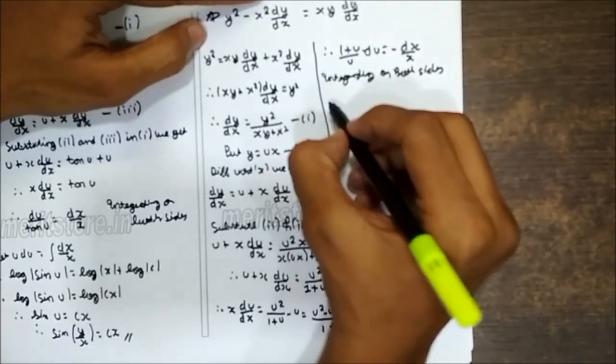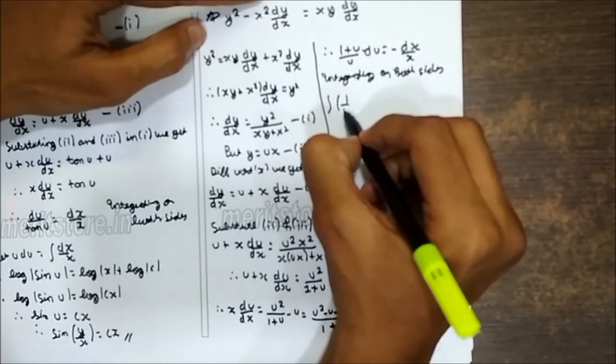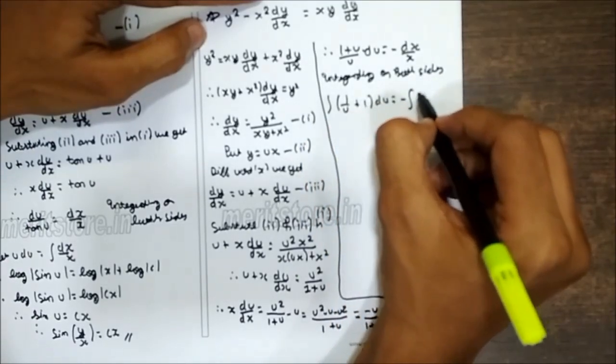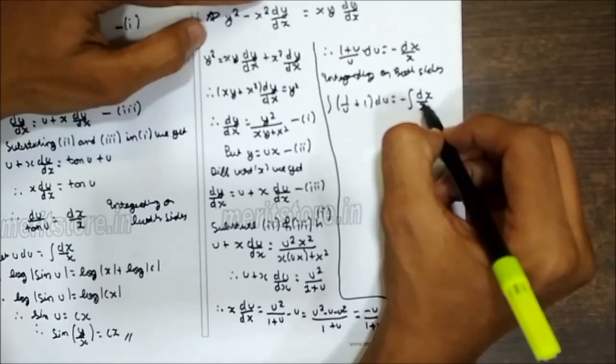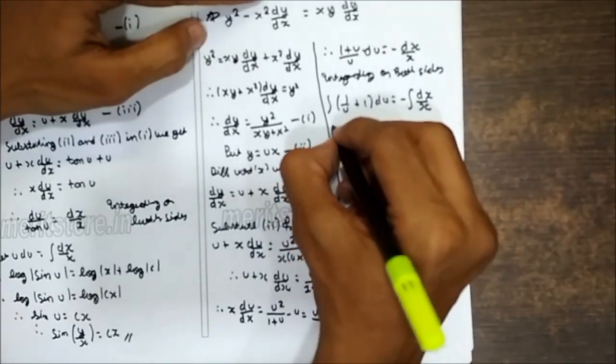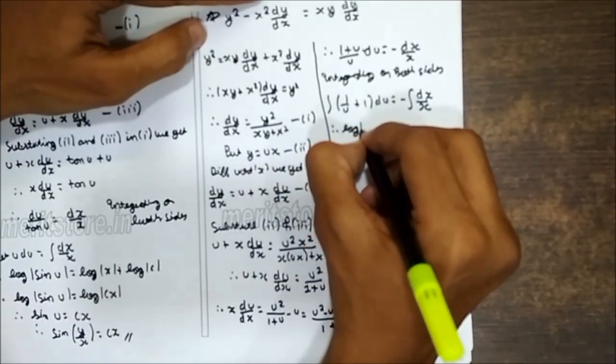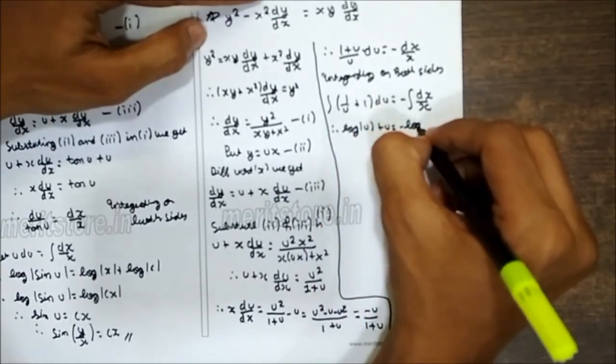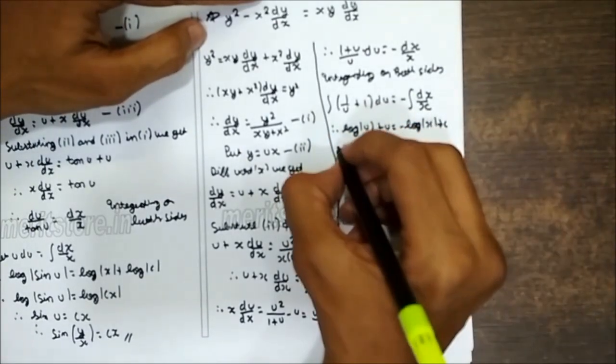we get integration of 1 upon u plus 1 du is equal to minus integration of dx by x. Therefore log of mod of u plus u is equal to minus log mod of x plus c.